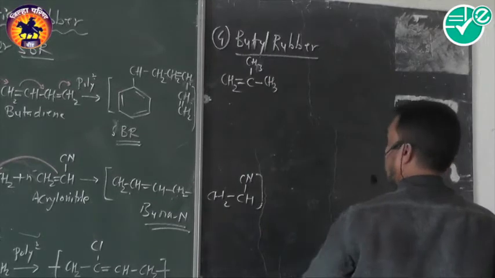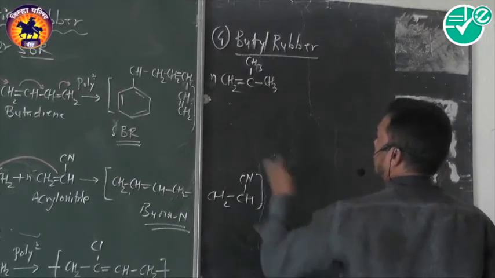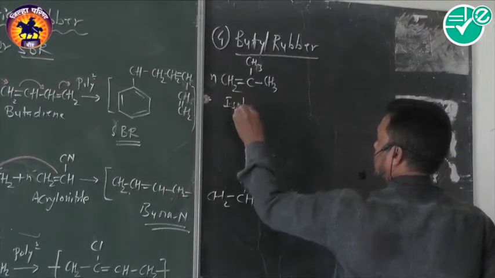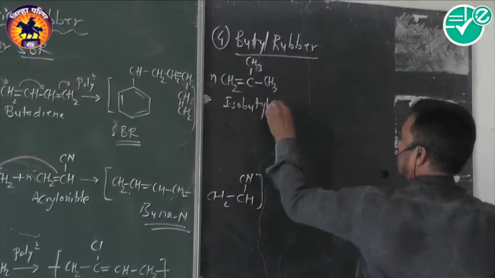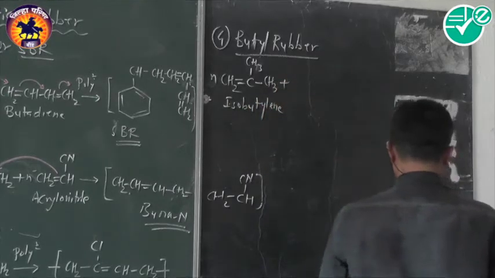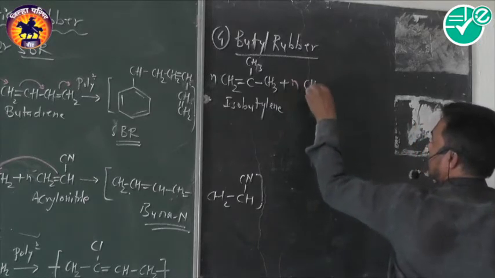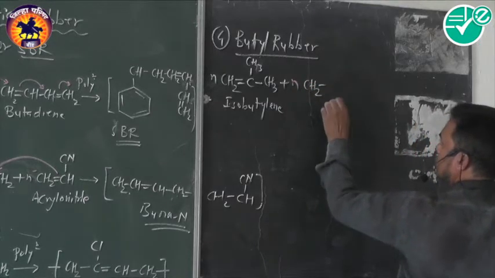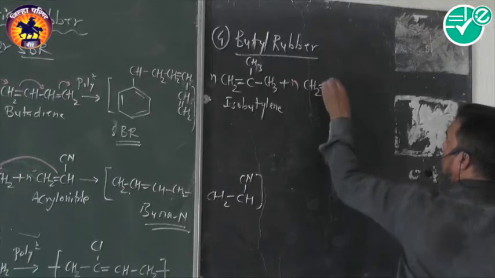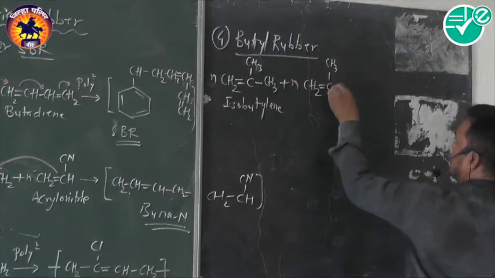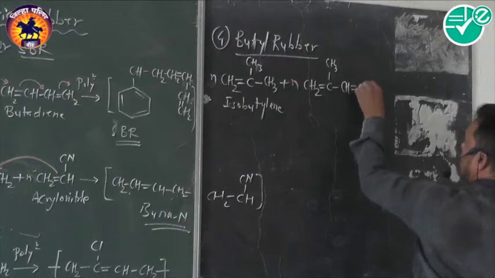So n monomers are required of isobutylene, treated with n monomers of isoprene: CH2 double bond C(CH3) single bond CH double bond CH2.